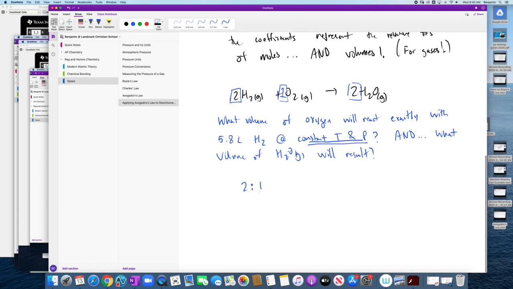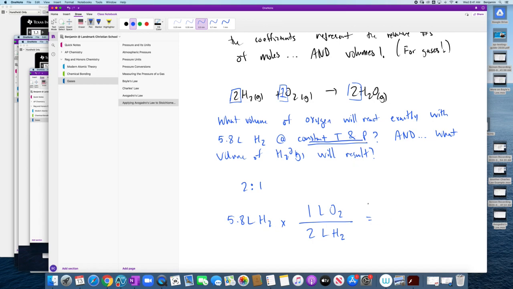However much volume of hydrogen we have, we need half of that volume of oxygen. Every time 2 liters of hydrogen react, we need 1 liter of oxygen, which is 1/2 the volume of hydrogen.